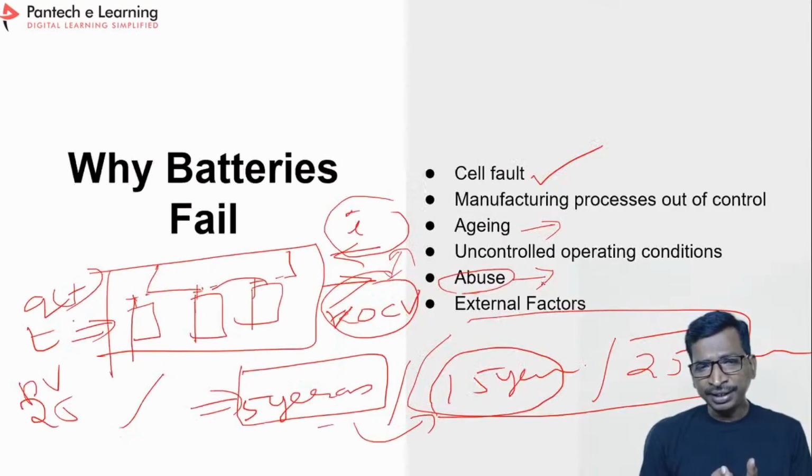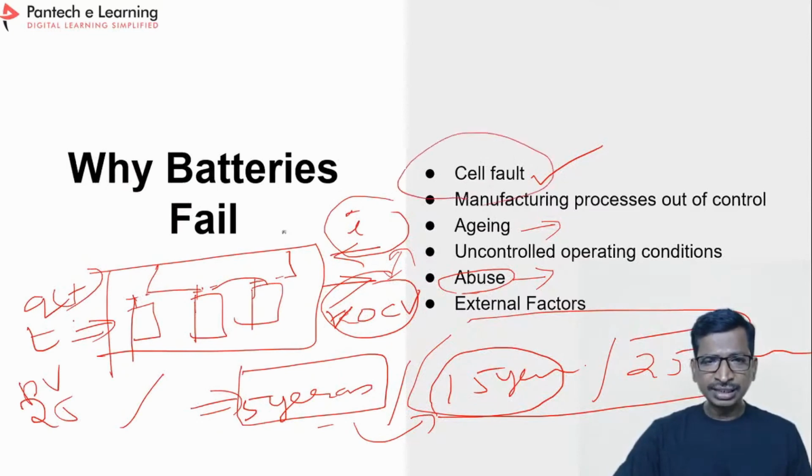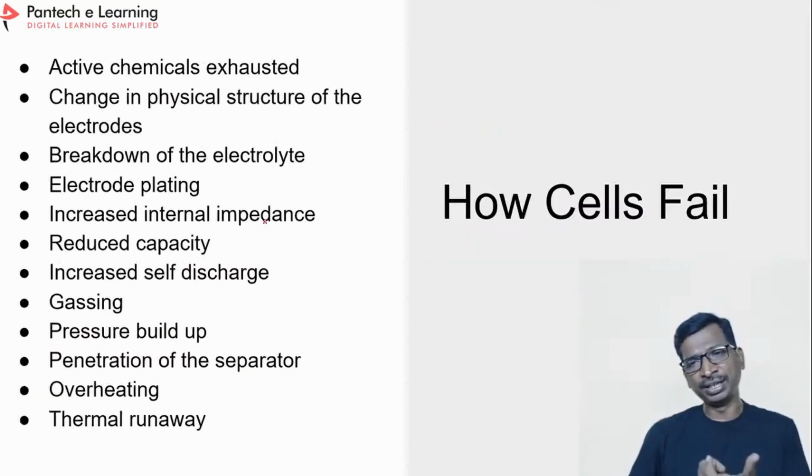Inside the battery, a number of cells are there, right? So first let us take the cell fault. Inside the EV battery pack, there is a combination of cells. So first we should know why the cell fails, how individual battery cells get failed.